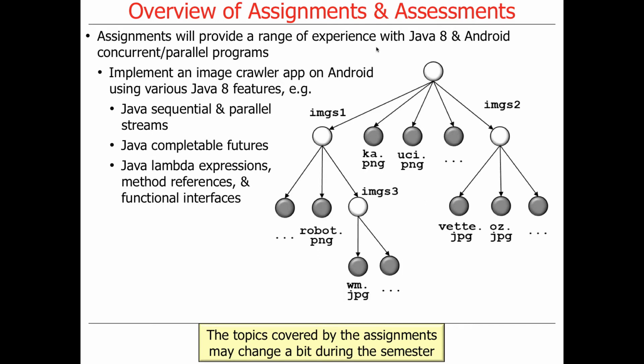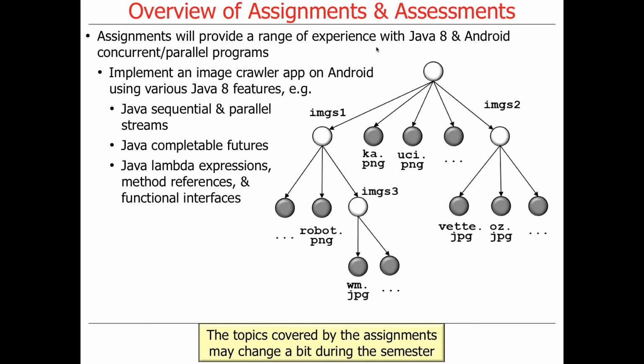I'm going to give you, this will be done incrementally, as we'll see in a second. I'm going to give you some code that does the solution using sequential Java 7 features. And then your assignments will be to change that code to use Java 8 streams, sequential version at first. Then we'll do Java 8 parallel streams.